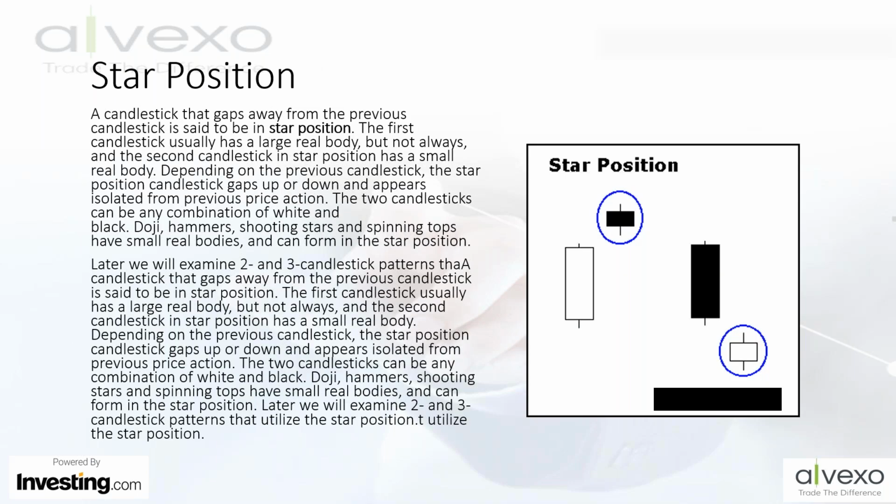So we want to talk about positions. Now, the most popular one is called the star position. A star position is simply a visual representation. It can be a doji, it can be a hammer, shooting star, spinning tops.